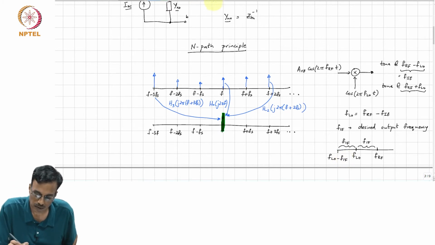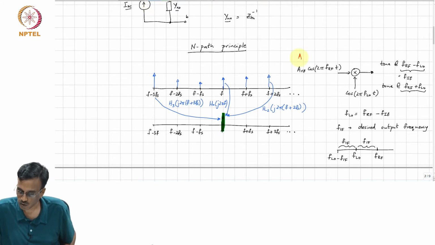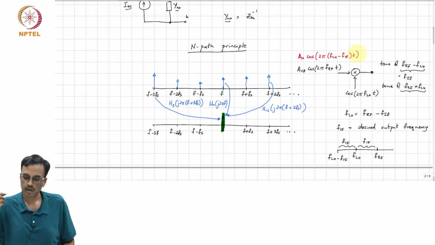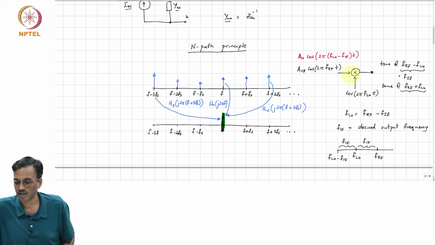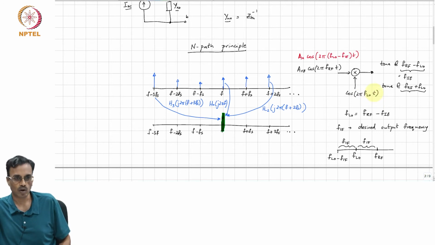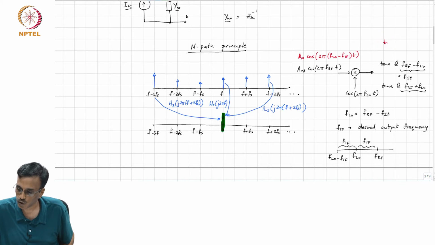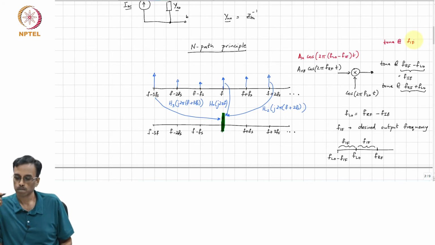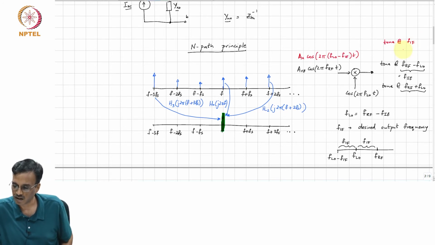So, for example, you have a rogue tone which is at fLO minus fIF times t, then this rogue tone will also multiply with the local oscillator frequency and result in a tone at fIF, right. And it will also result in a tone at 2fLO minus fIF, which again is a very large frequency which can be easily eliminated, right.